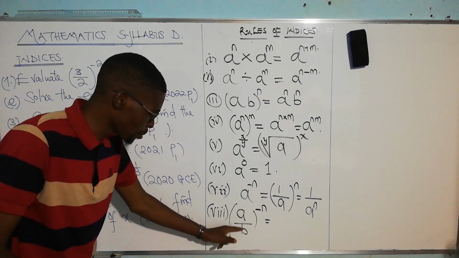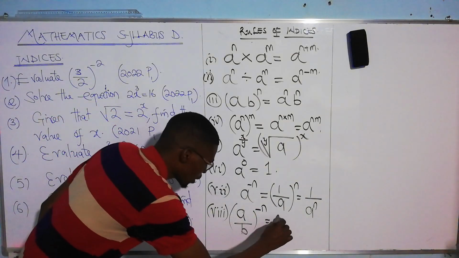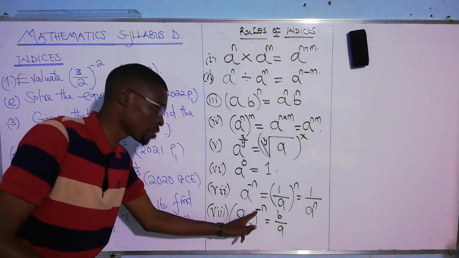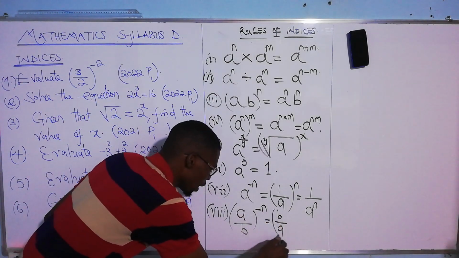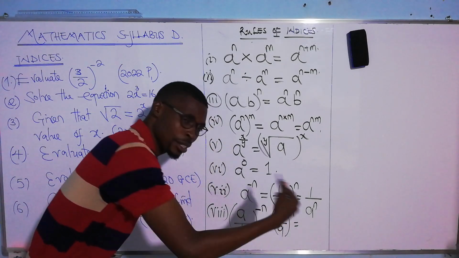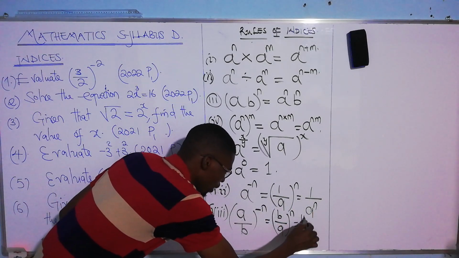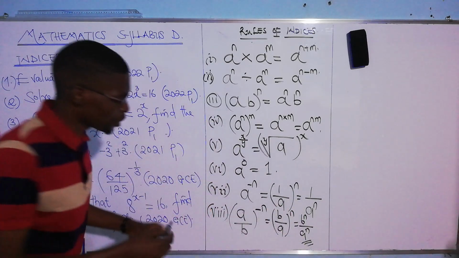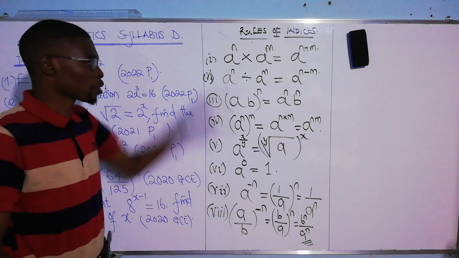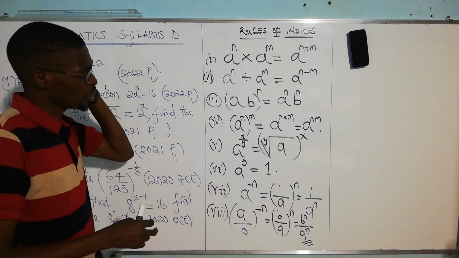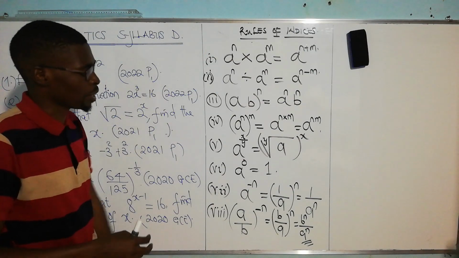So you reciprocate: this is going to be b over a. We are reciprocating because we have a negative, and whatever we have there, you raise it to power n. Then you distribute the power. That will be b power n over a power n. These are the rules guiding this concept of indices, and I believe you have understood what we have here.